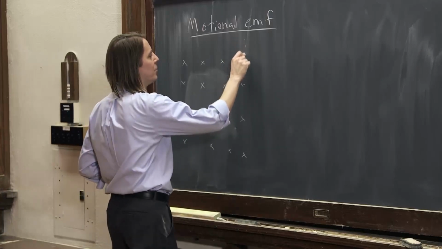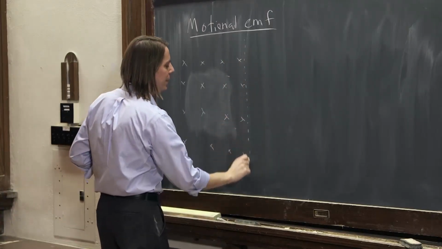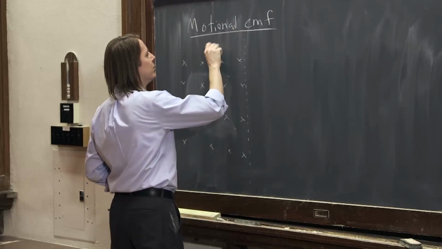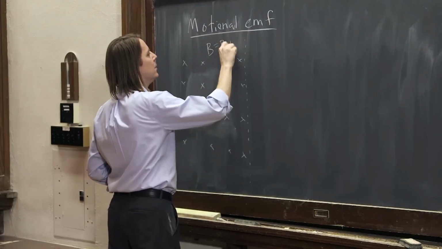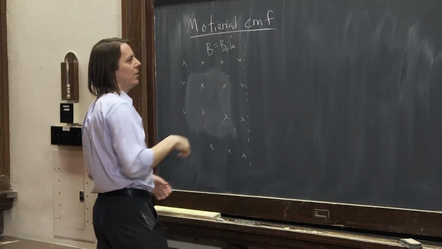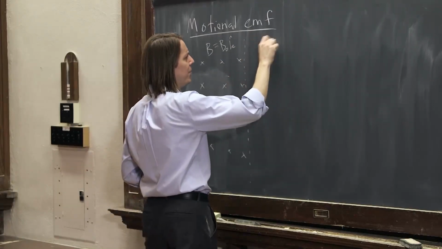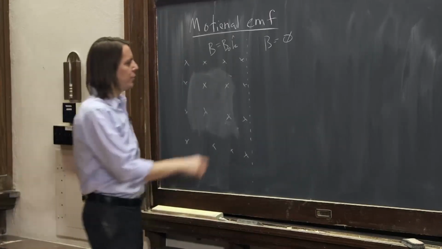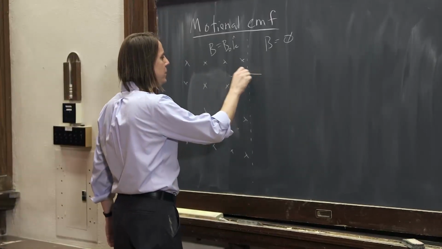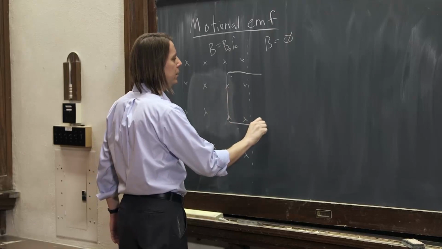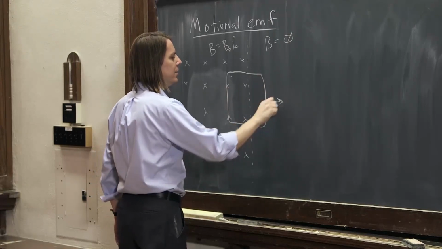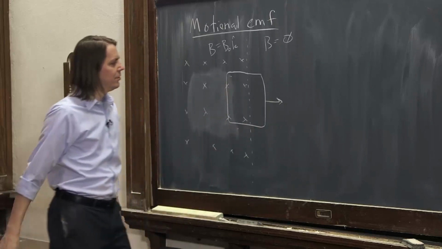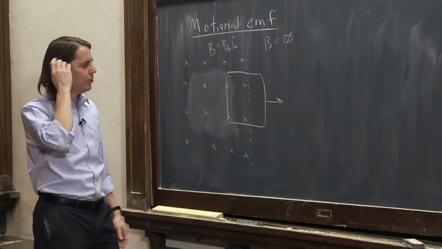So if we define it this way, the field is uniform on this side, where it equals B naught K hat, with K hat into the board, but on the other side of this boundary, it's equal to 0. Then we have a wire loop, and we're pulling it out of the field, so the flux changes. Let's use Lenz's law.